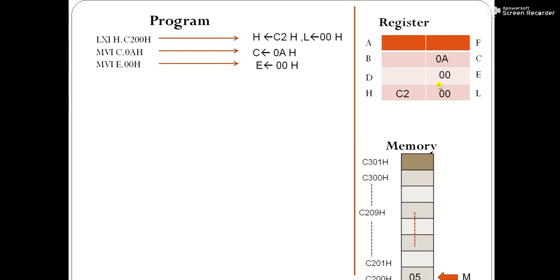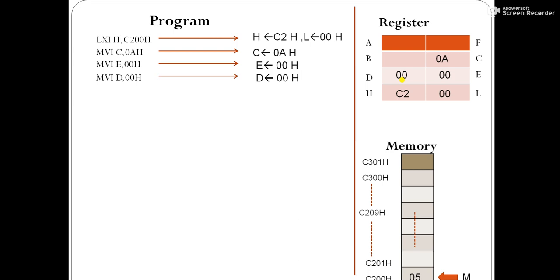Here we are going to store the count of even numbers. We will take one more register, D, initialized as 00, where we are going to count odd numbers. This is the initialization part.